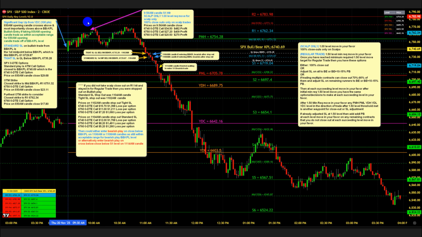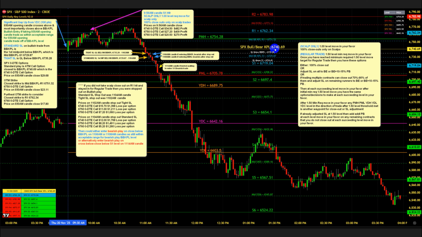Okay, so as far as the key levels that the indicator gives, at 9:30 a.m. Eastern New York Open on the first tick, you will get the daily key levels on your chart for CBOE SPX. The most important key level is going to be the SPX Bull Bear KPL, which stands for key price level. So for the Thursday, November 20th, 2025 session, the indicator gave that level as 67.4069.